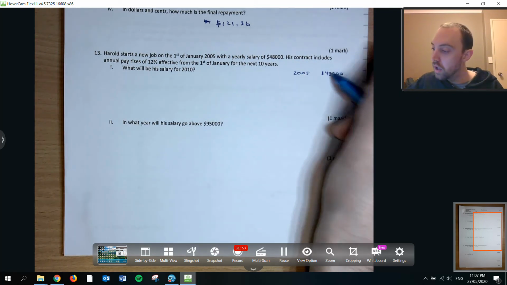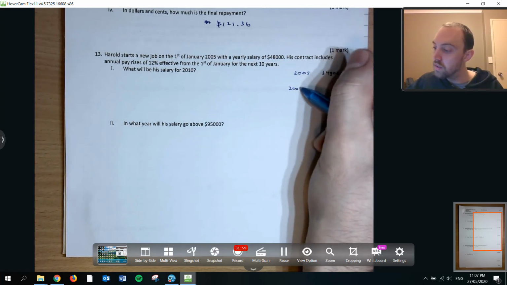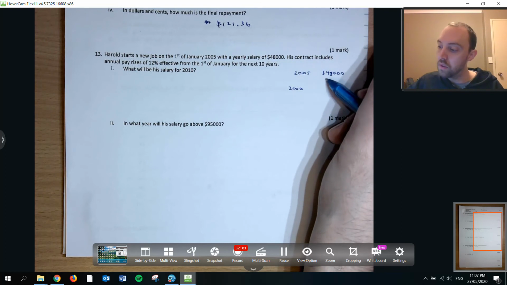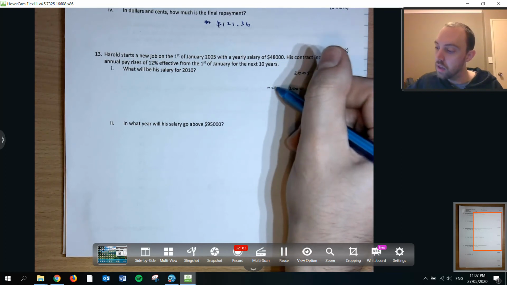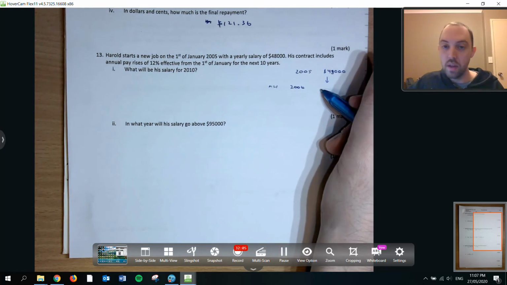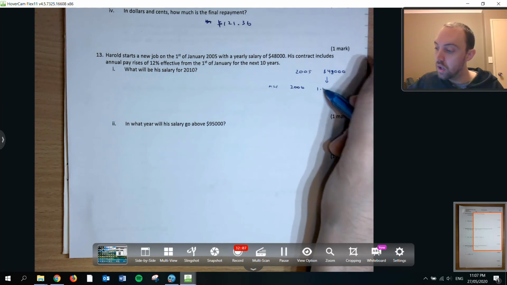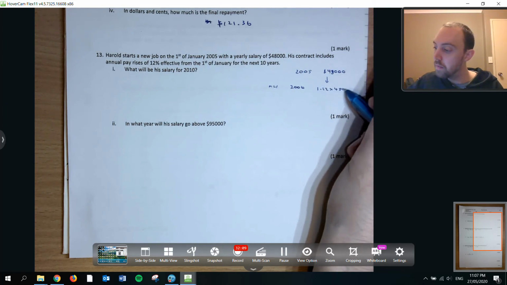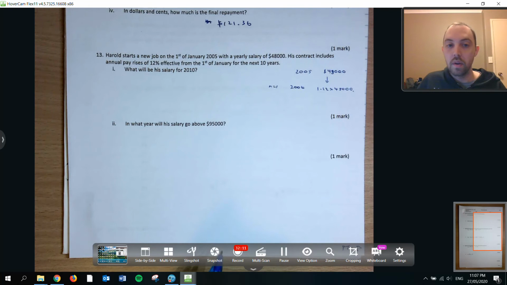But in 2006, after the 1 year has been completed, we're going to be getting 12% more than that. Now, what would be the salary in 2010?